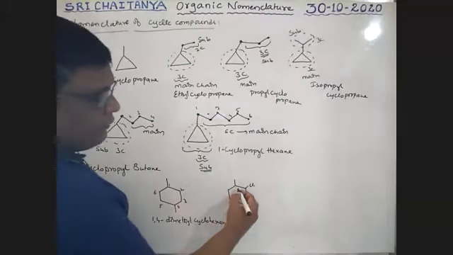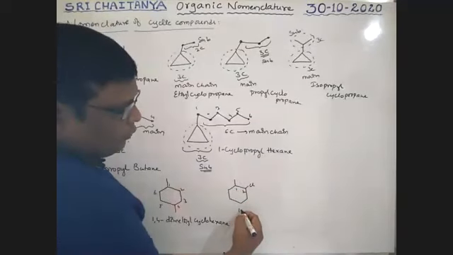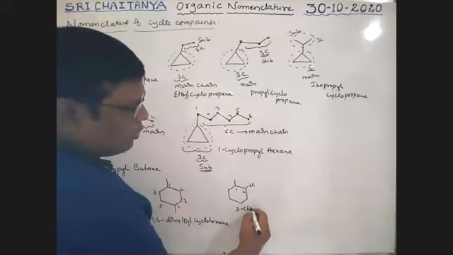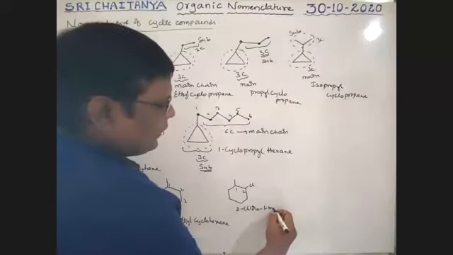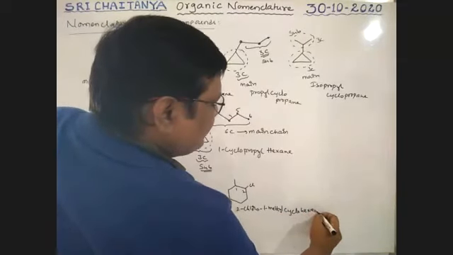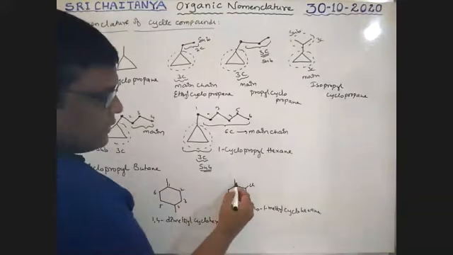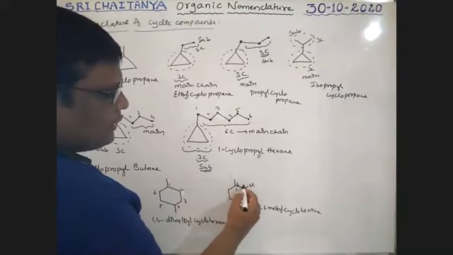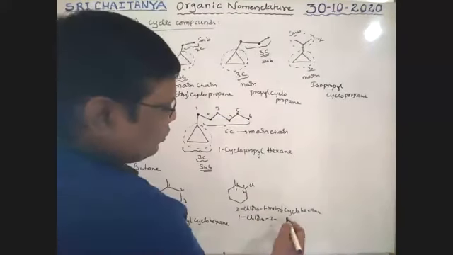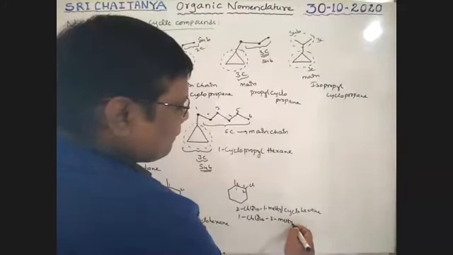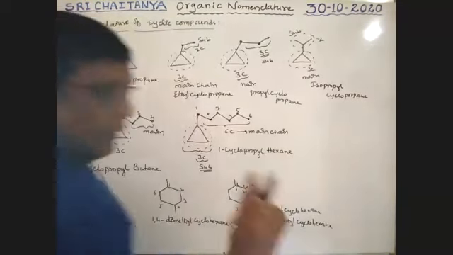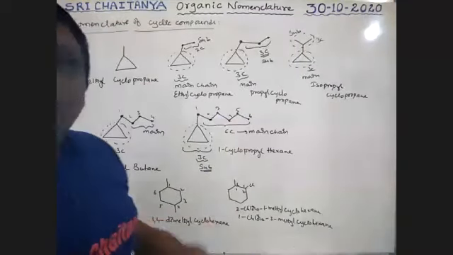So I'm taking 1, 2, and the name is 2-chloro 1-methyl cyclohexane. For example, if I consider this one as 2 and this one as 1, that means 1-chloro 2-methyl cyclohexane is also possible, boys. But among these two, which one is correct, sir?